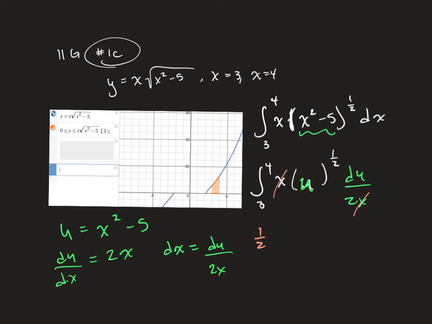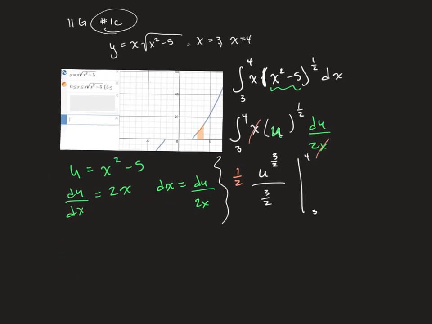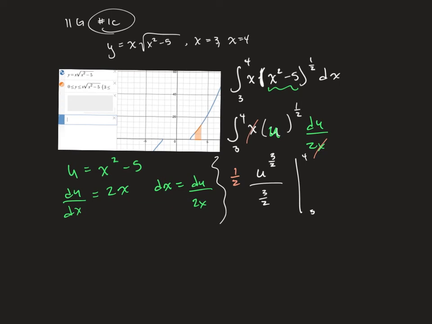And then with the 1/2, we'd have u to the 3/2 over 3/2 evaluated at 3 and 4. Give myself a little bit more space here. So then we'd have 1/2 times 2/3 u to the 3/2.